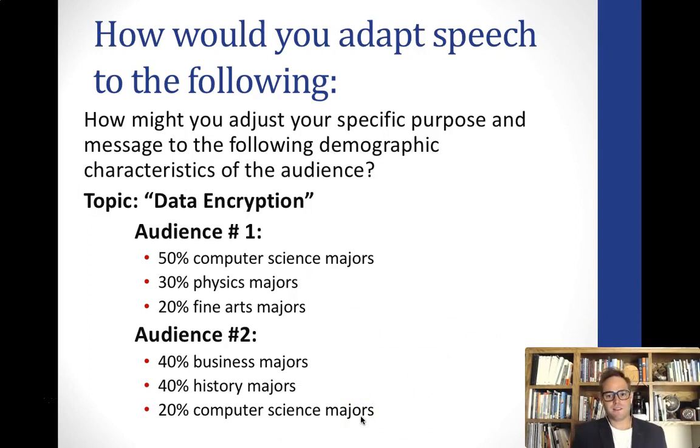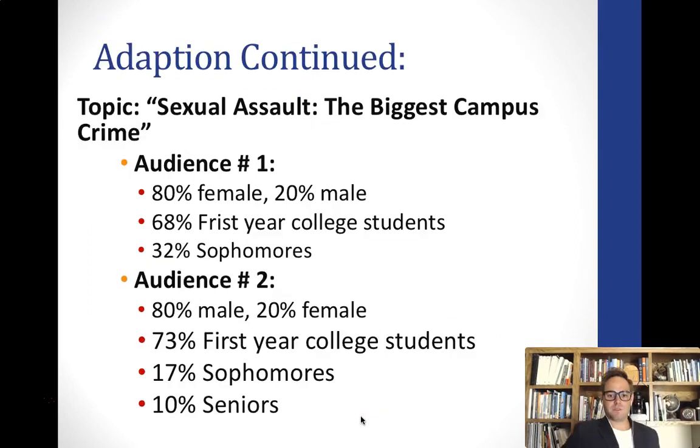So this is a little bit how we could adapt our speech to the audience's demographic and dispositions. Again, this is just another scenario that I invite students to work in groups on, to figure out how they can adapt this topic to fit these audience demographics.